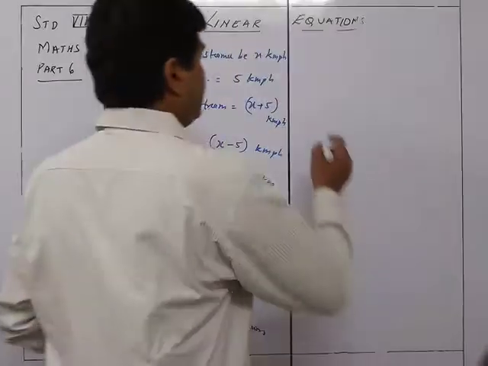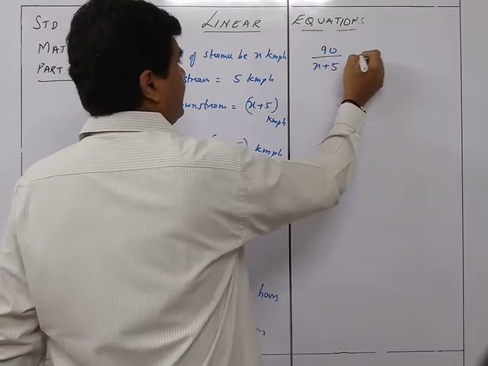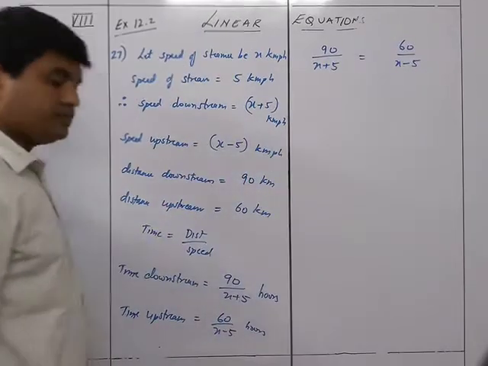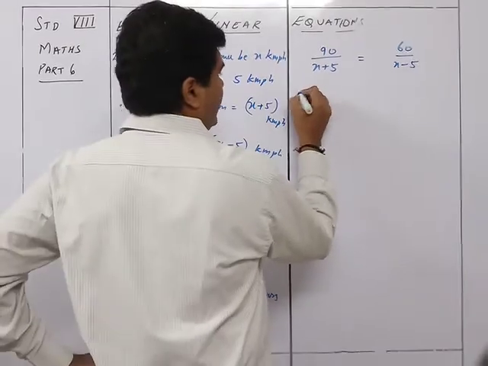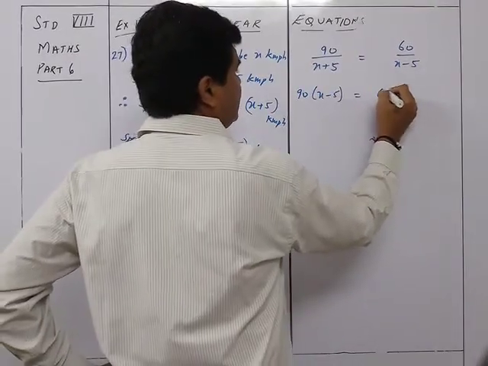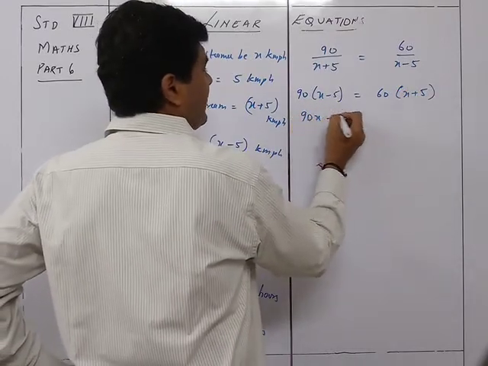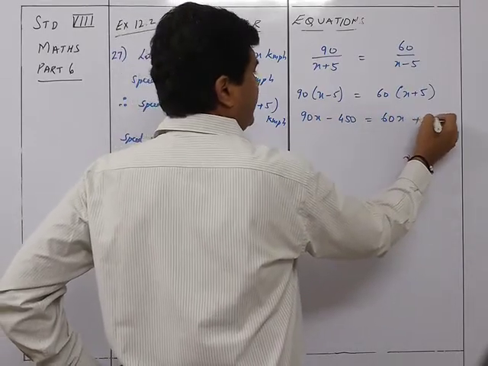So we have 90 upon x plus 5 is equal to 60 upon x minus 5. You cross multiply and you get 90 into x minus 5 is equal to 60 into x plus 5. So it will be 90x minus 450 is equal to 60x plus 300.